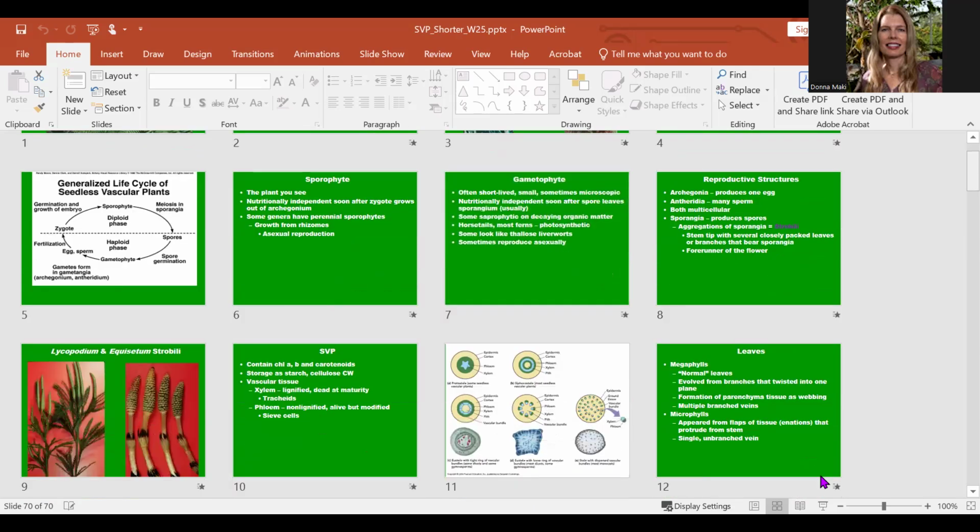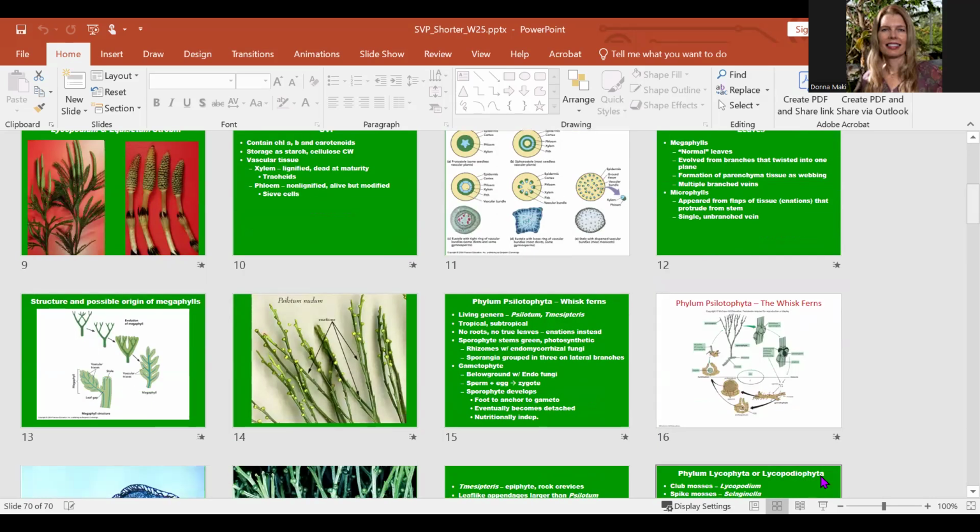I also showed you life cycles, like the whisk fern, but it's basically the alternation of generations. I'm not going to pop up something on here and ask you to tell me about it. However, knowing what a whisk fern looks like would be a good idea.